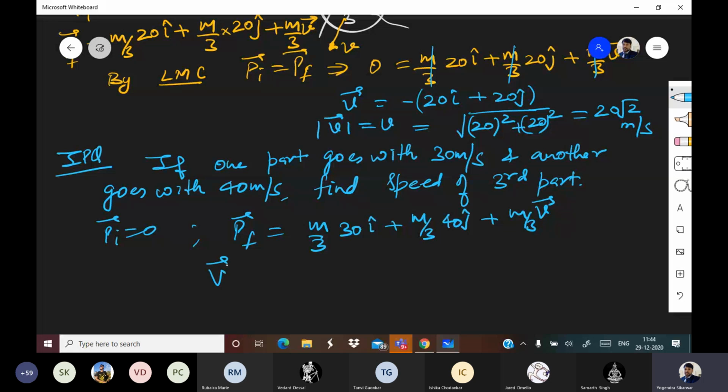So v vector comes out to be minus 30 i cap plus 40 j cap. Okay. So v will be under the root of 30 square plus 40 square, and that will be 50 meters per second.